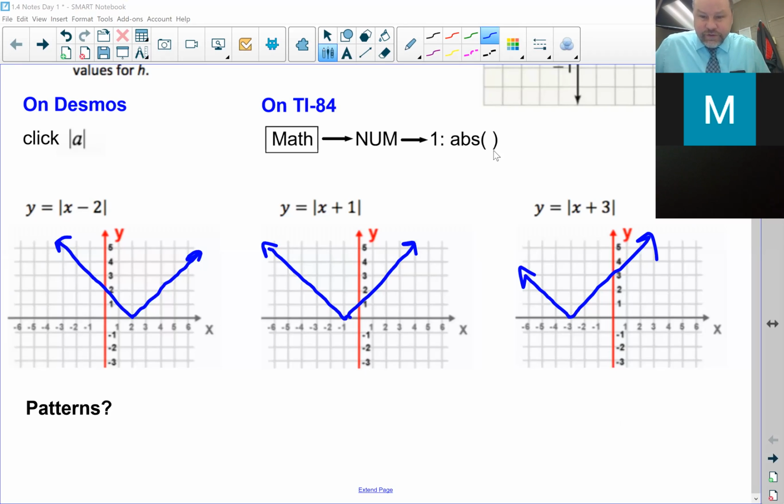So this is your turn to answer. What happens to the graph as we add or subtract inside of the absolute value?